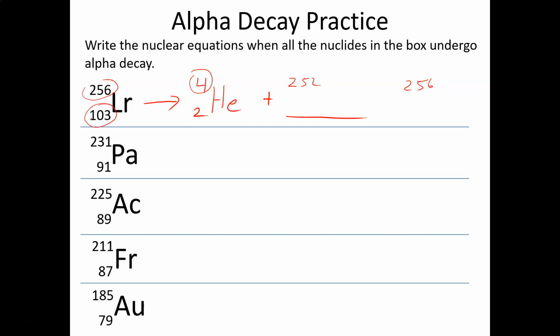Down here with our protons, lawrencium has 103. But if we take away those 2, that gives us 101 protons. Again, we need to go to the periodic table and find which element has an atomic number of 101, and that's going to be Md.